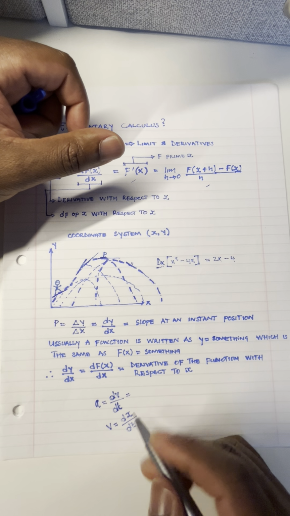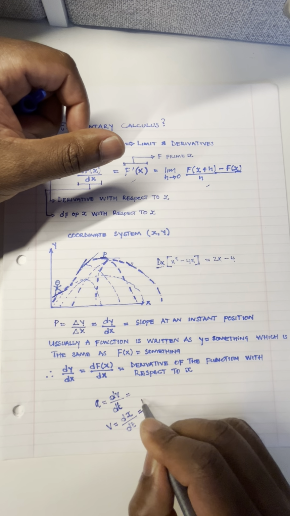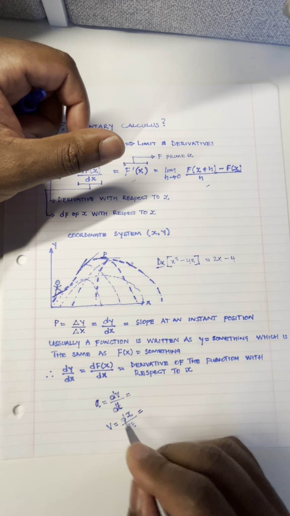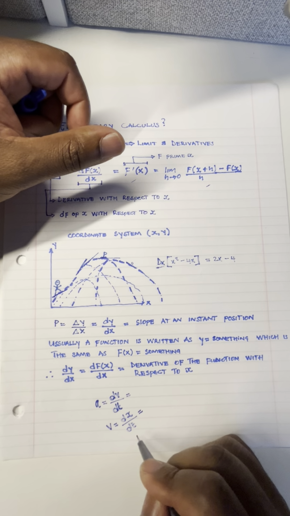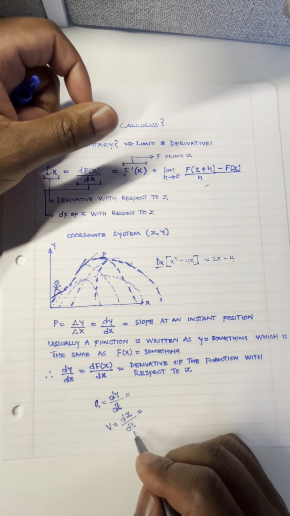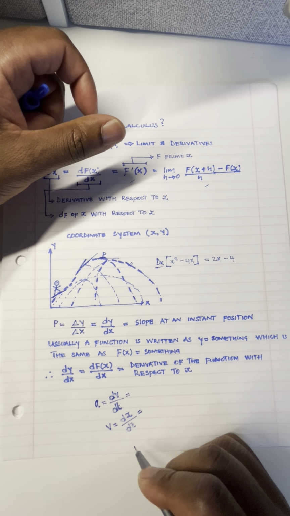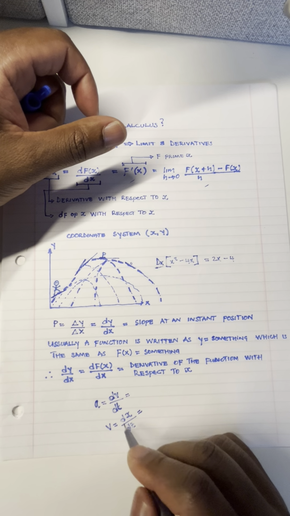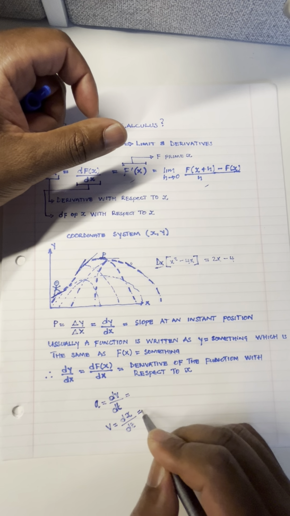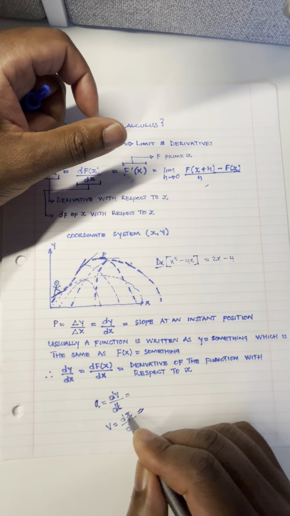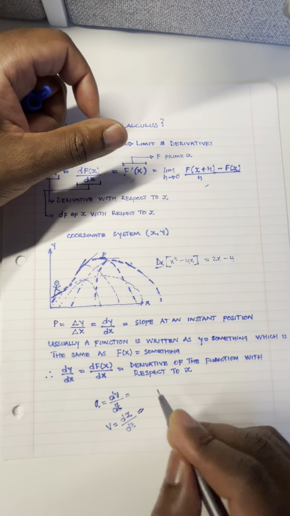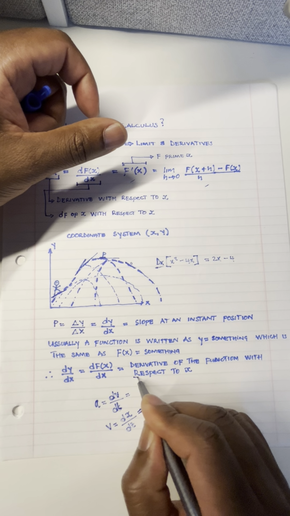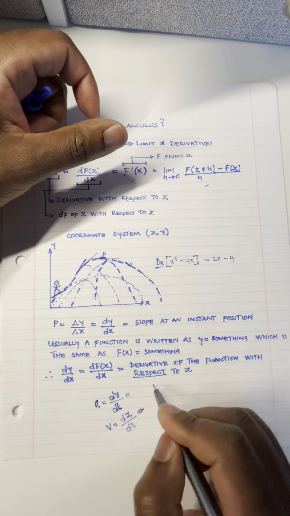So now, if you were given something to solve as a function over here, you don't solve it with respect to the x, you only solve it with respect to the t. Now, this is a rudimentary introduction. It will all make sense when we start solving problems. I will try to make problems where you have different variables so that you can see what I mean by the word with respect to, because I know some people will be like, what do you mean with respect to?